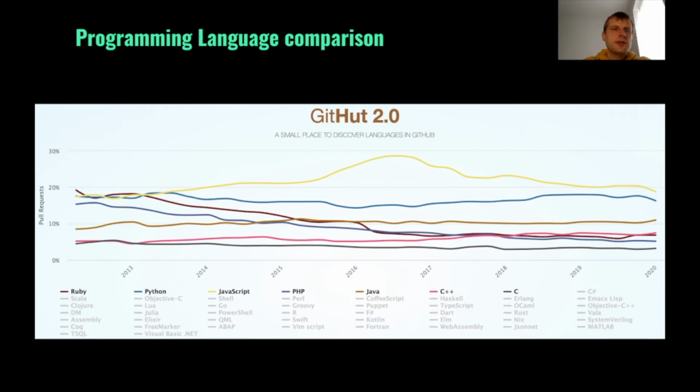And I was trying to look for a programming language comparison from multiple sources. It turned out it wasn't so easy, so I just figured I will just look in GitHub because that's probably the most legit source to compare programming languages.